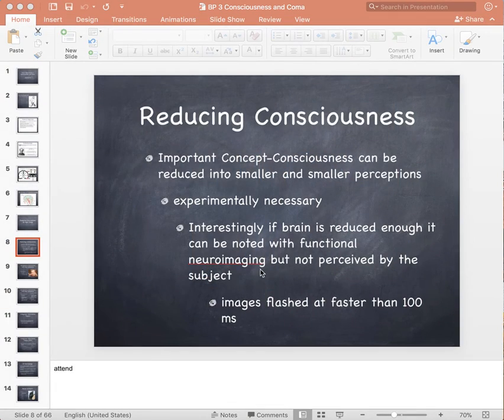But if it's fast enough, let's say 50 milliseconds or so, the brain will respond to it, but we can't recall it. Some image flashed up, we wouldn't be able to describe it at all. However, inside your head, your brain perceived it to some degree. It seems that the critical threshold has to be a stimulus of about 100 milliseconds, which is interesting, right? It tells us that it needs to process around and bounce around to enough neurons to reach a threshold for you to be aware of something. And there's an example of that later.